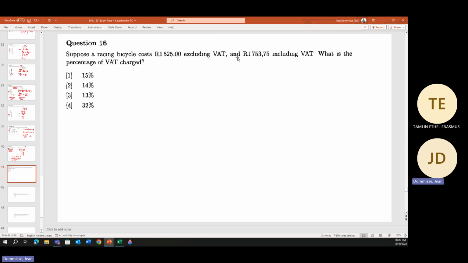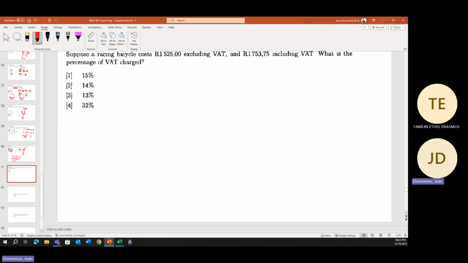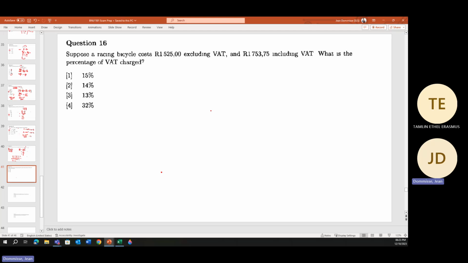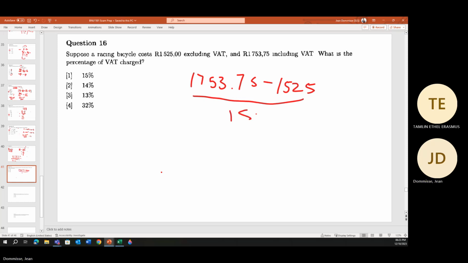The way we'll answer this one is to see what is the change in the numbers. You start off by saying the number including VAT minus the number excluding VAT, divided by the number excluding VAT. That we will then need to multiply by 100 to give us the percentage.